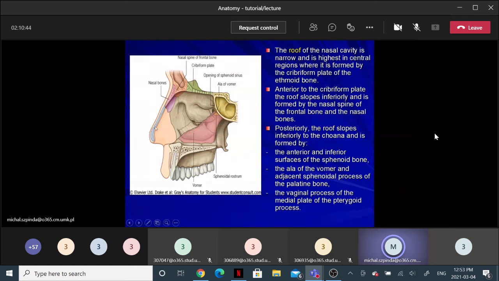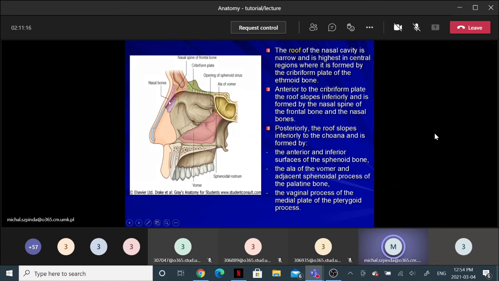This is the sagittal projection of the nasal cavity, where is visible the superior wall of the nasal cavity. All of this refers to the roof of the nasal cavity. In the middle, it's horizontal in position and slopes both in front and behind.